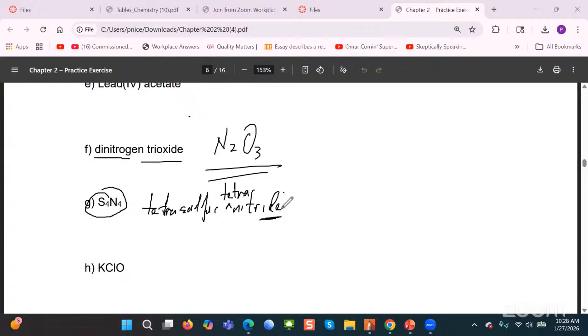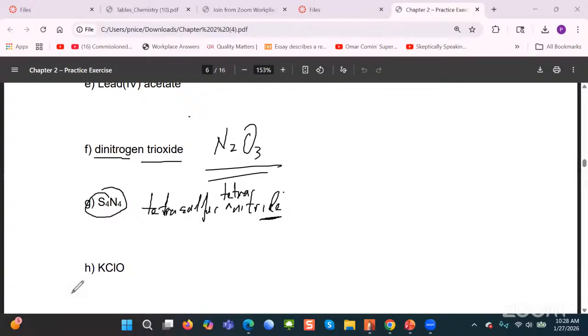So nitrogen becomes nitride, sulfur becomes sulfide, oxygen becomes oxide, and so on and so forth, right? So therefore, when it comes to binary molecular compounds, the ending of the name of the second element must end with IDE. All right? Okay.